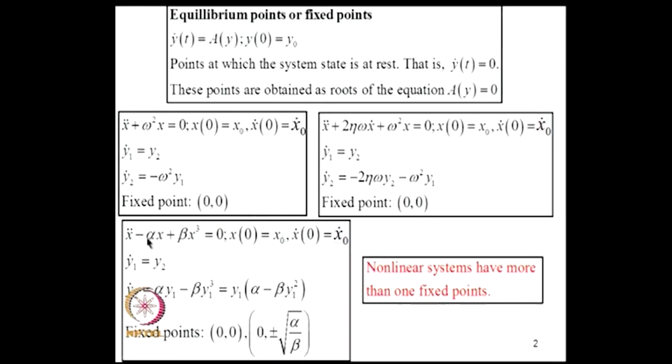For a system with negative linear elastic stiffness and a positive cubic nonlinear stiffness, we saw that the origin is a fixed point and also there are a pair of fixed points located as shown here. So, nonlinear systems have more than one fixed point, whereas linear systems of this kind exhibited only one fixed point.